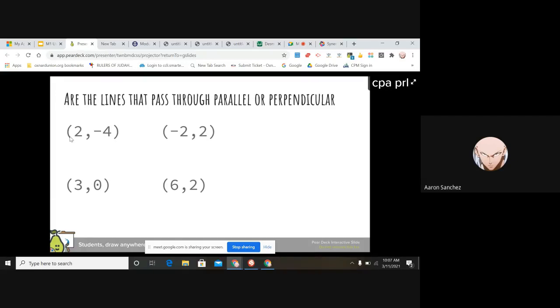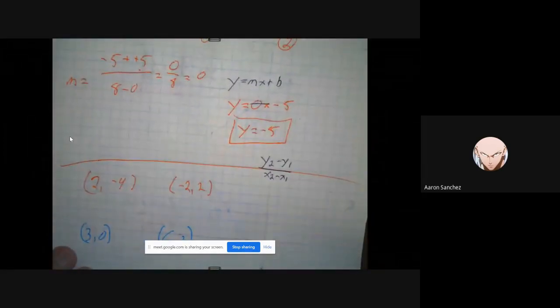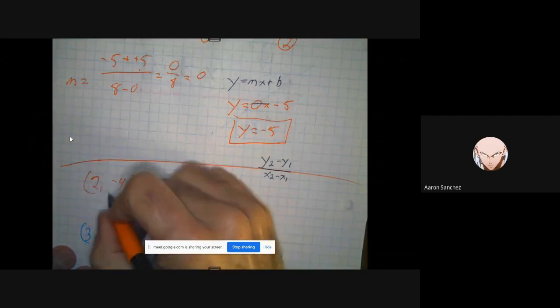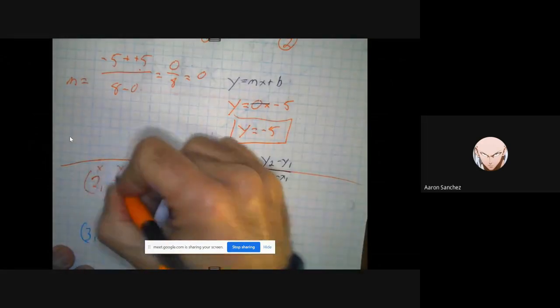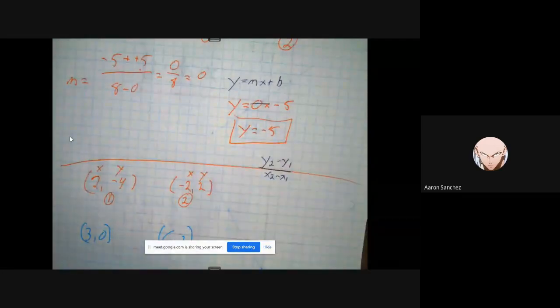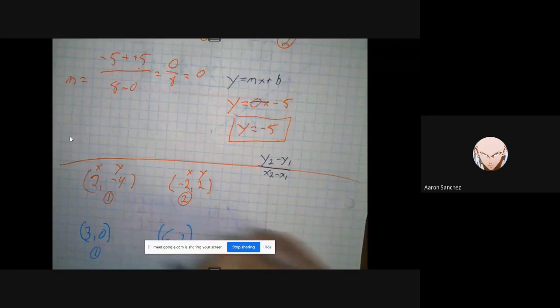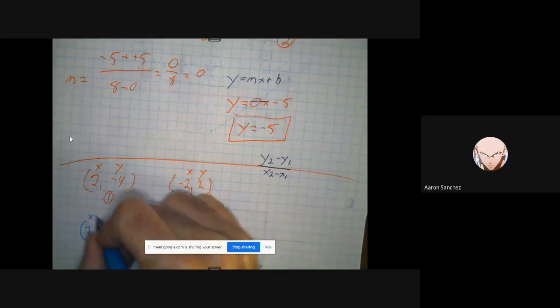I know I'm not presenting. But solve for the slopes for these. Let's call this point 1 and this point 2. This is x, this is y, this is x, this is y. And then you solve for the slope for this one.